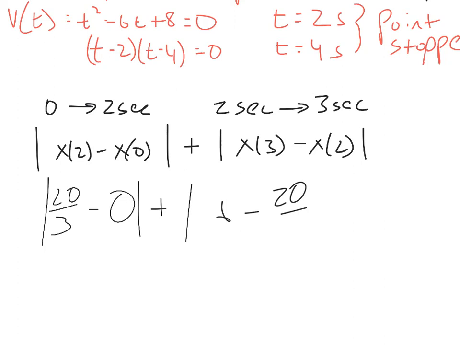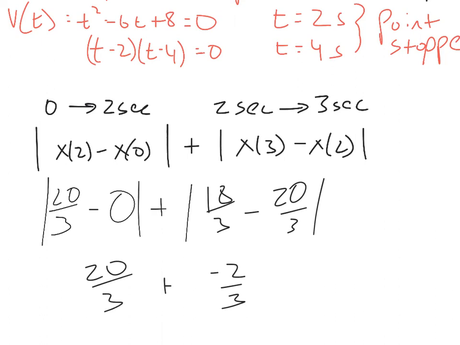So 20 thirds is a little bit bigger than 6 here. Okay. So 6 is, how about we do 18 thirds? So this is going to be negative 2 thirds. And we got 20 thirds. Isn't it the absolute value? So it would be reasonable.